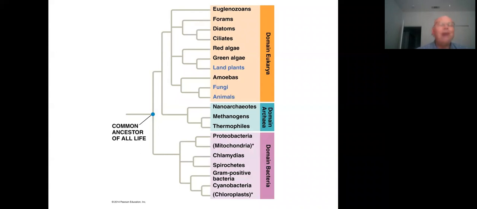Are they organisms? No. But do they share some commonality with proteobacteria in the case of mitochondria and cyanobacteria in the case of chloroplasts? Yes, because they are derived from, in the case of chloroplasts, cyanobacteria, and in the case of mitochondria, probably beta proteobacteria.